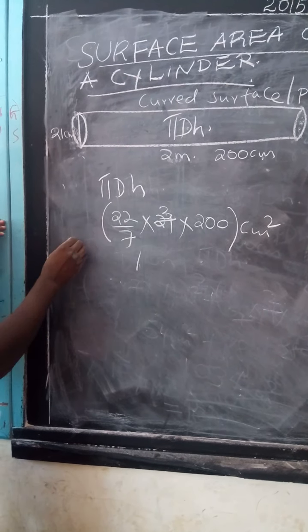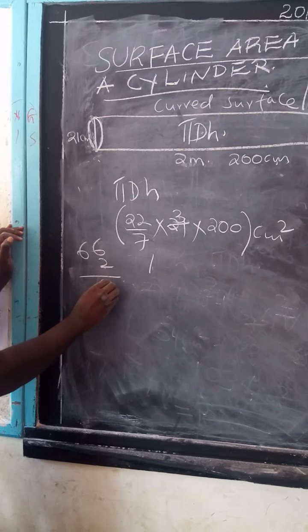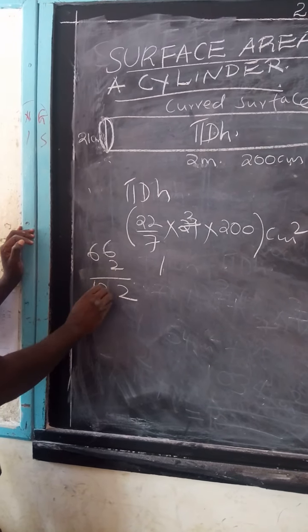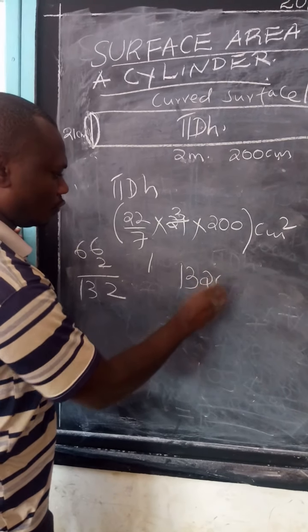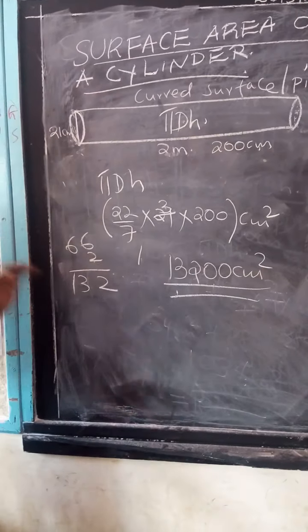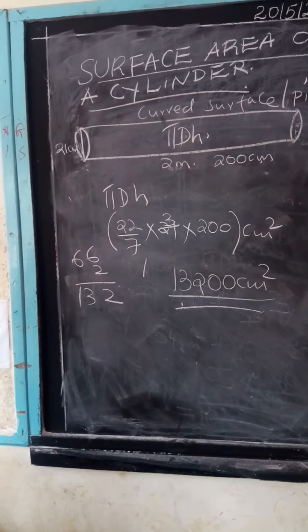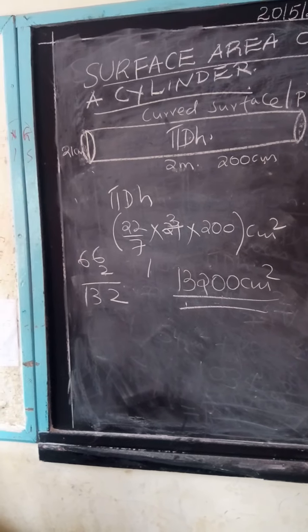This one will give you 66. 66 by 200 now gives you 13,200 square centimeters. That one will give us the area of this curved surface.